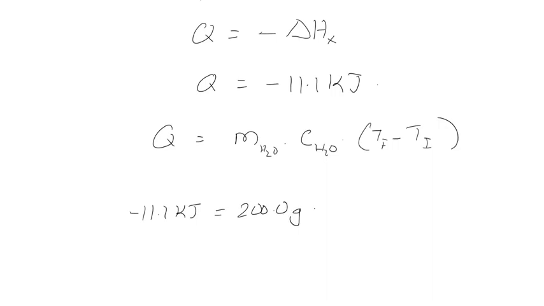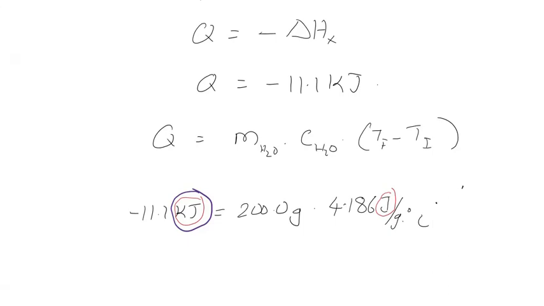Specific heat capacity is a standard value, and if you Google it, or even it will be given to you in your exams, that is 4.186 joule per gram degrees Celsius. Now remember that this value is in joules and this is in kilojoules. So we need to convert either joules to kilojoules or kilojoules to joules. So what we'll do is we'll convert the kilojoules to joules in the next step.